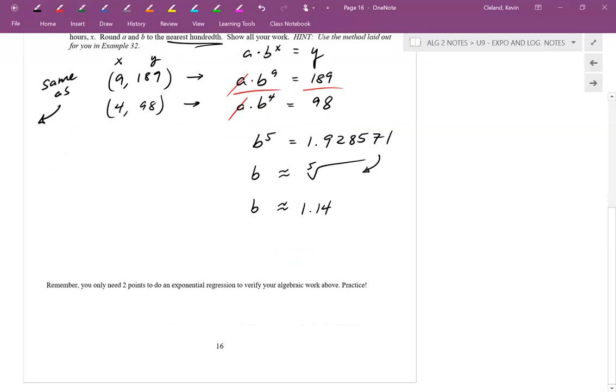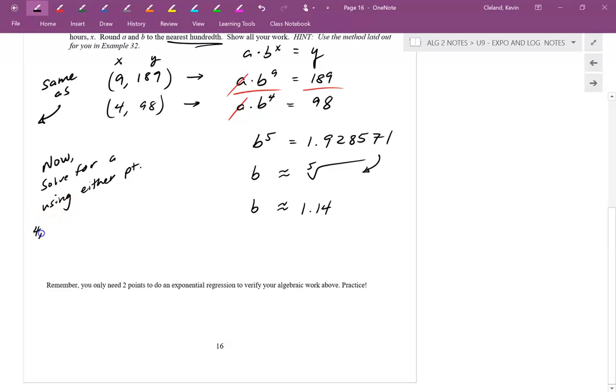And then I can use that to solve for A and have everything I need to create the equation. Remember, you can solve for A using any point on the curve. They gave us 2. I'll choose the smaller one again.